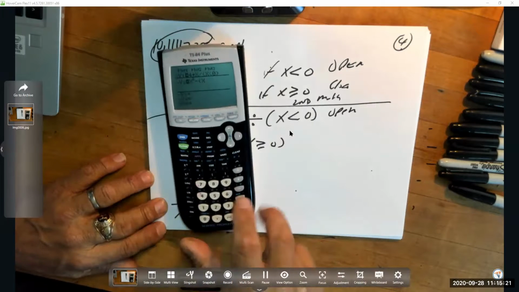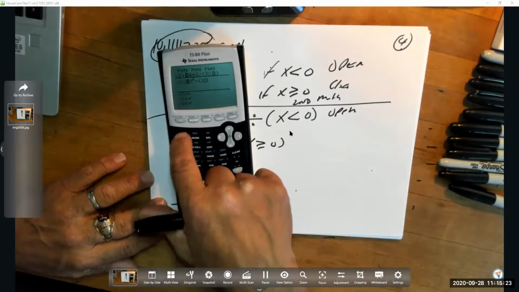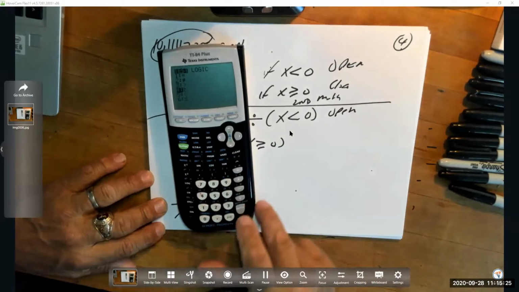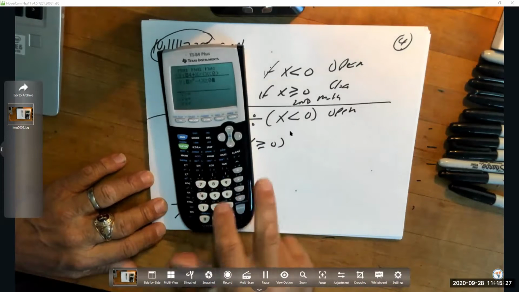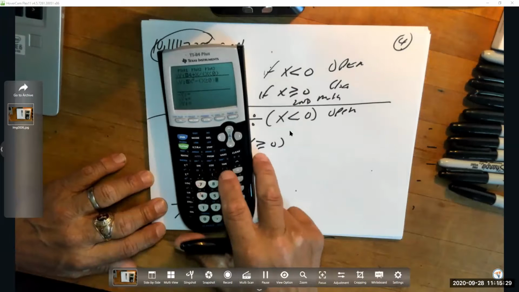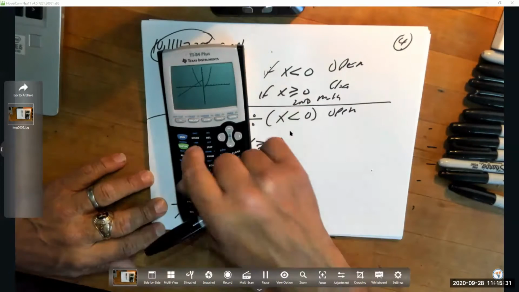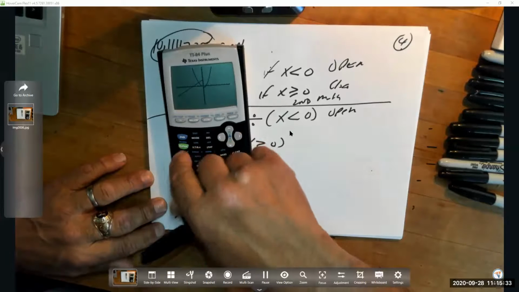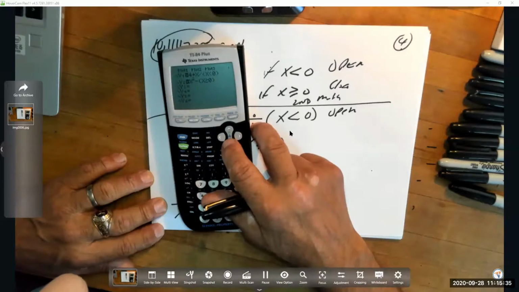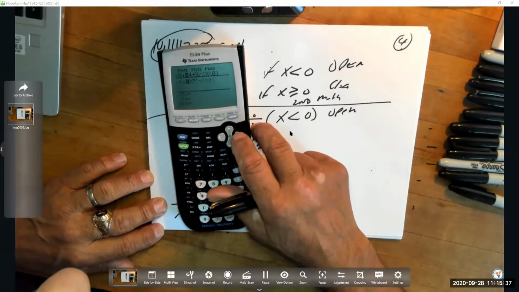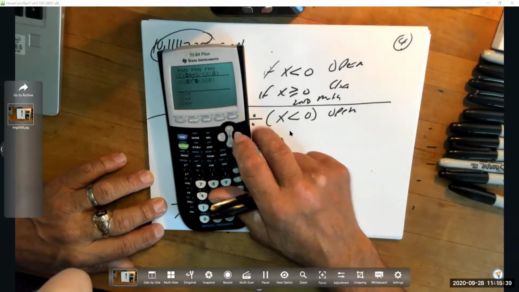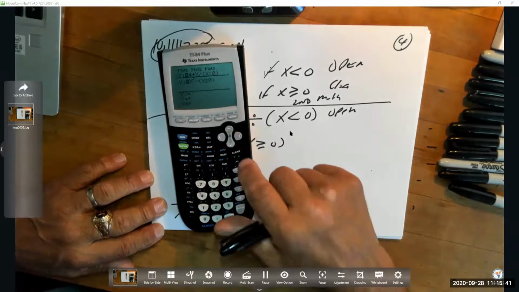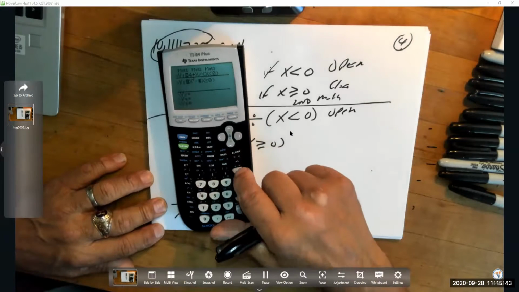Second math, that one right there. 0. That's it. Let's graph it. And no, that's not right. Let me do it again. Ah, it's not minus, it's the division. There you go. Division symbol. Okay, now let's do it. All right, that looks good.